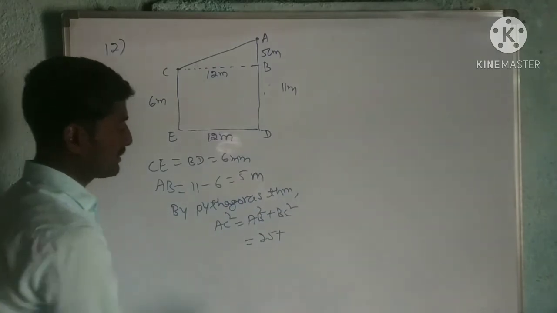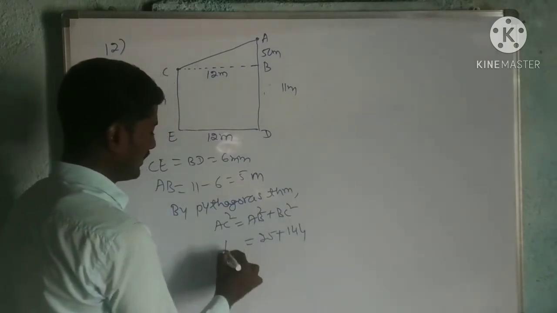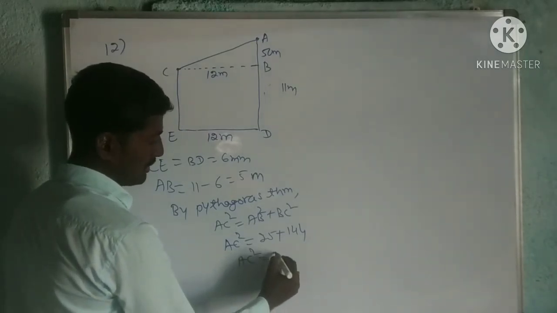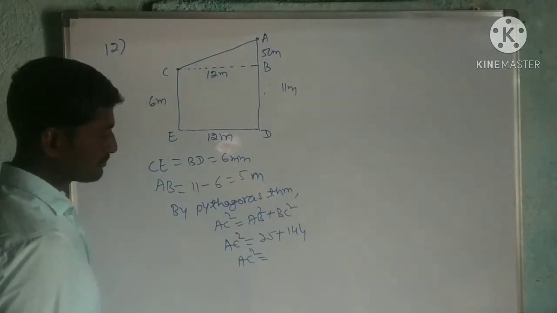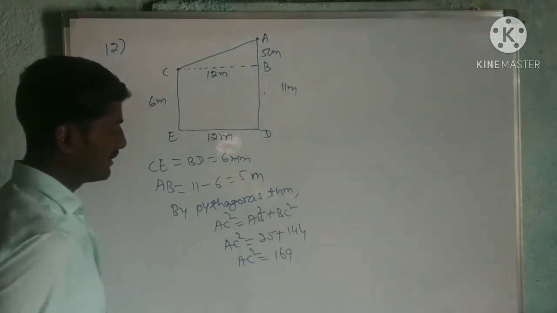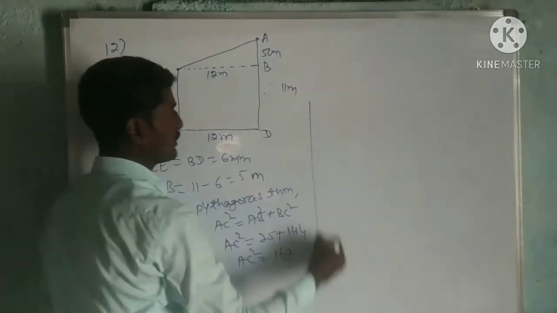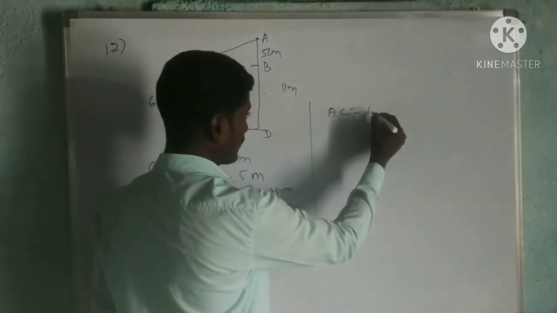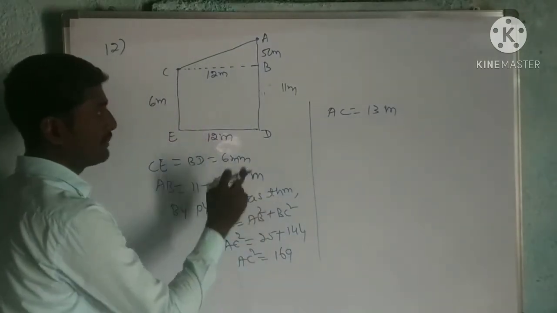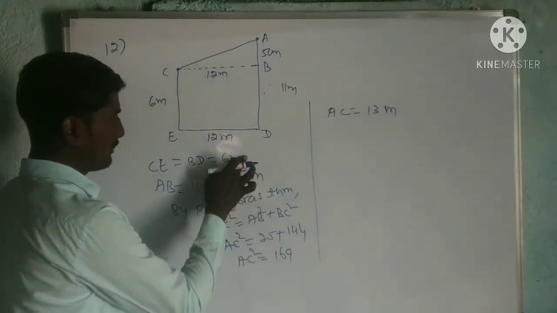BC square, that is 144. Now AC square I got. AC square is equal to 25 plus 144, 169. So it means AC is equal to 13 meter, because they are given in meter. It is 13 meter.